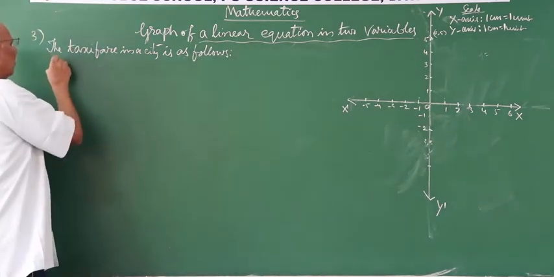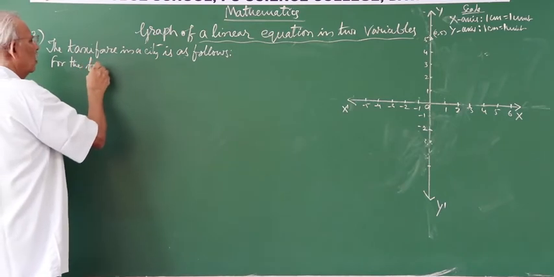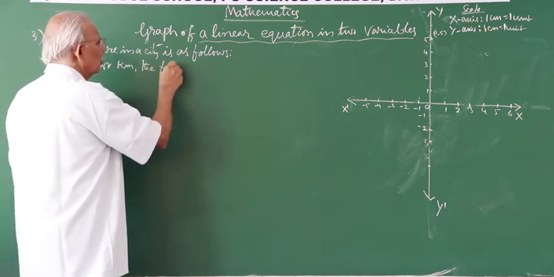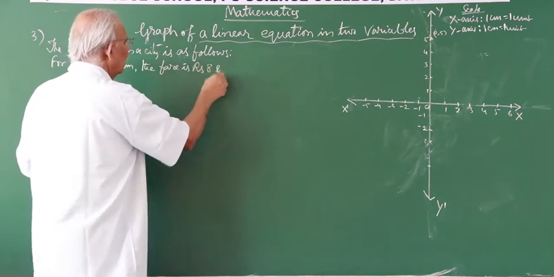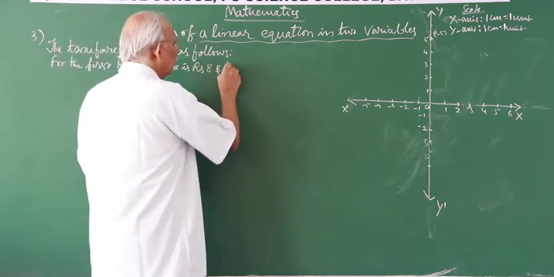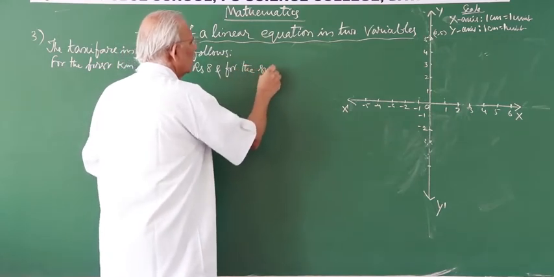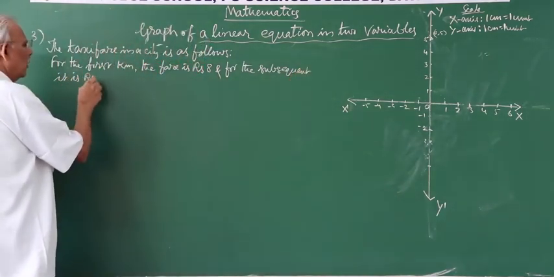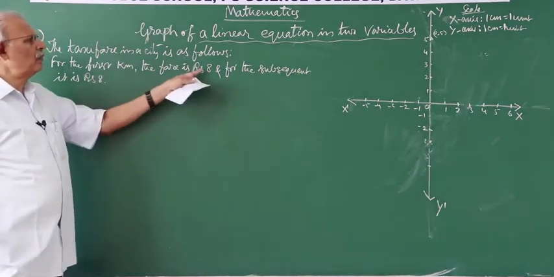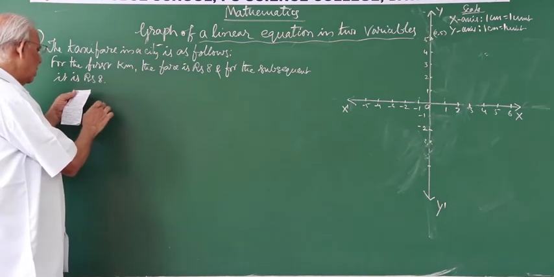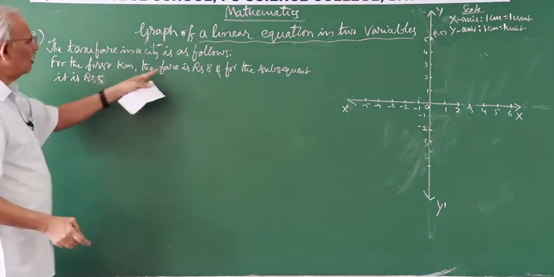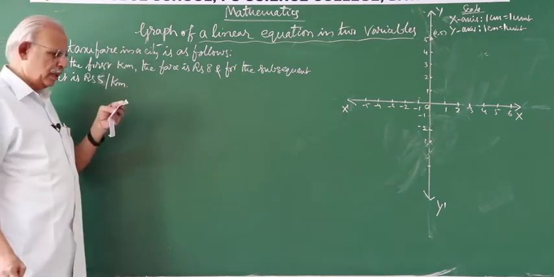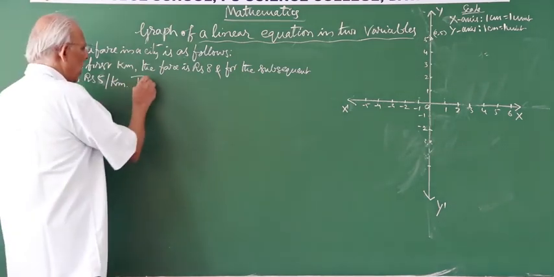For the first kilometer, the fare is rupees 8, and for the subsequent kilometer it is rupees 5 per kilometer.